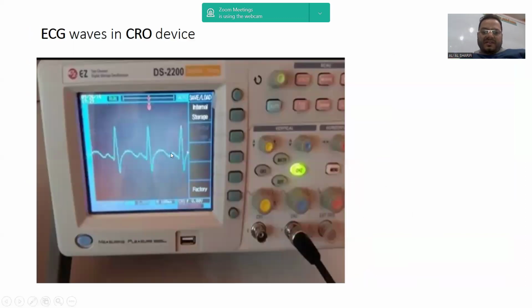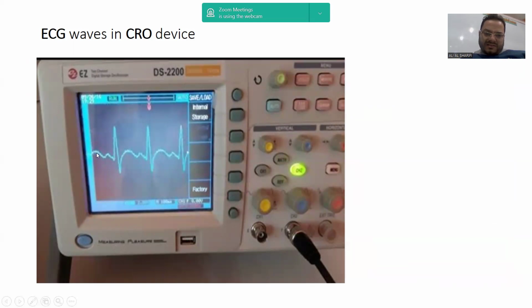Yes, if you remember, this picture illustrates someone using the CRO to display a waveform. Which waveform? It's the ECG of a patient.